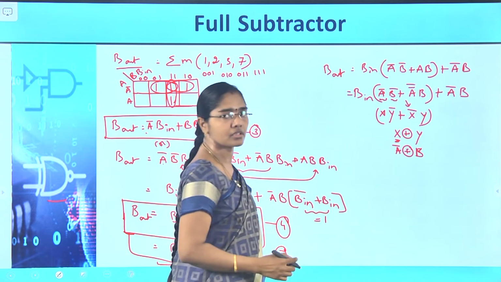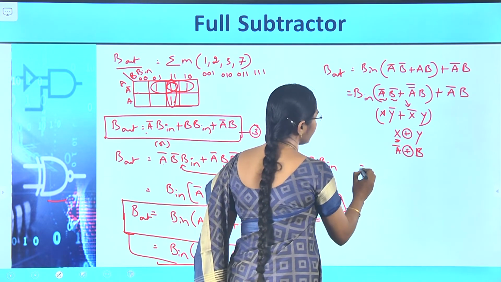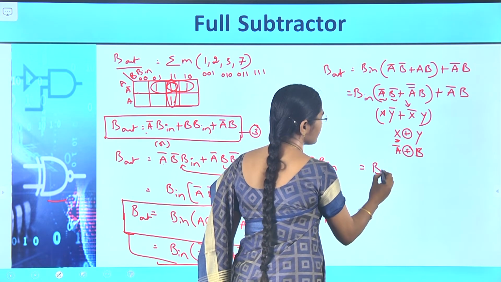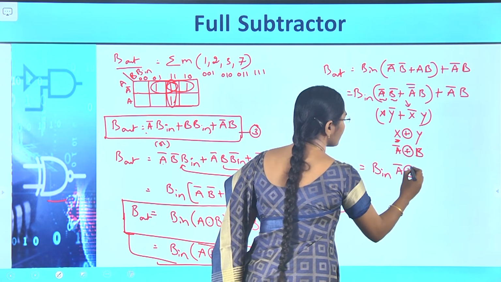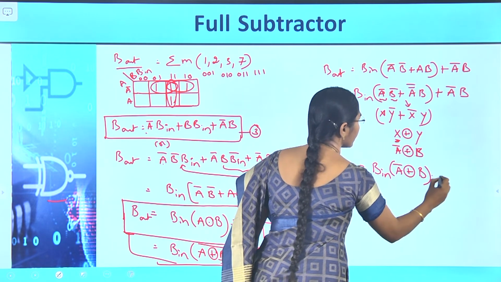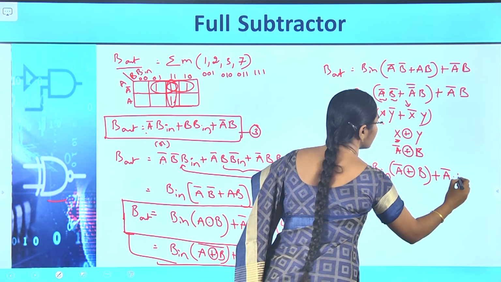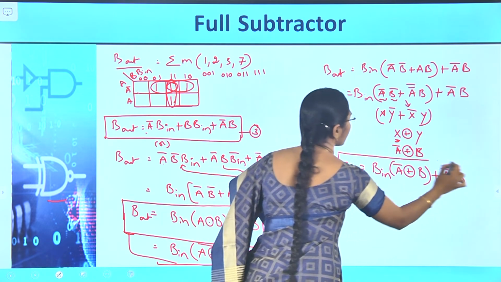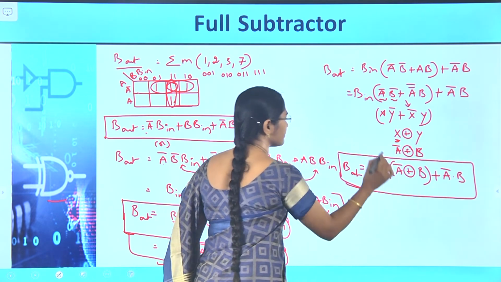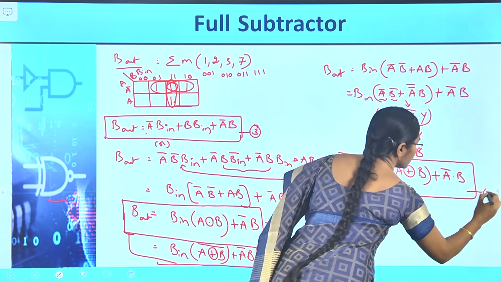Y is B. So we can write that B out expression as B in into A bar XOR with B plus A bar into B, that is equal to B out, another form of representation. So take the equation number 6.